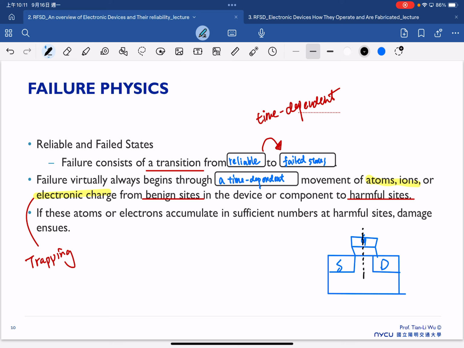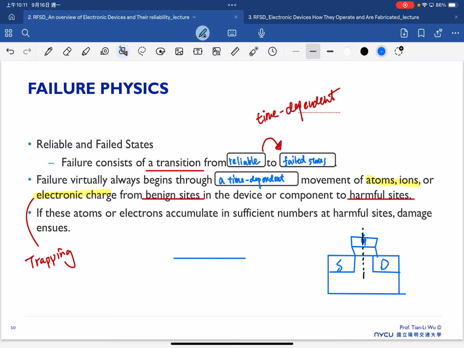But the band diagram is a very good tool that allows us to do the analysis, whether for static or even for reliability analysis. So if we look at the band diagram under the gate region, typically we can make the band diagram like this.